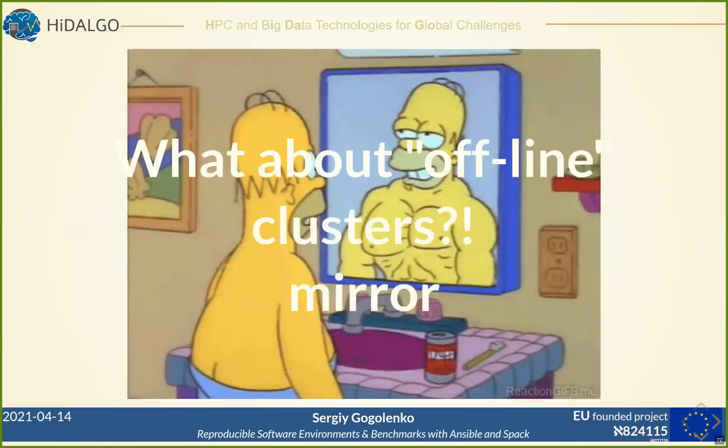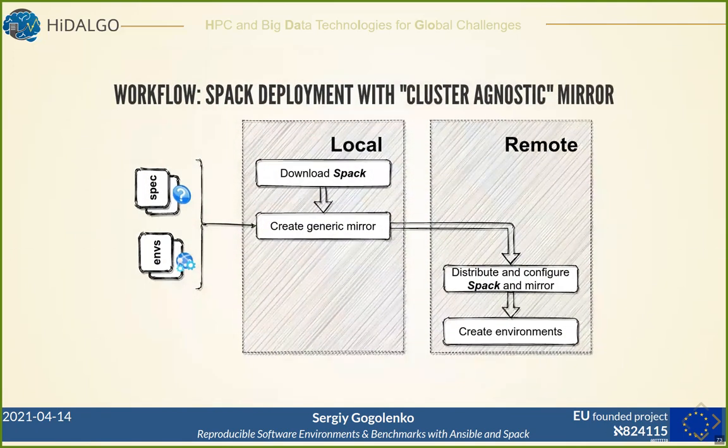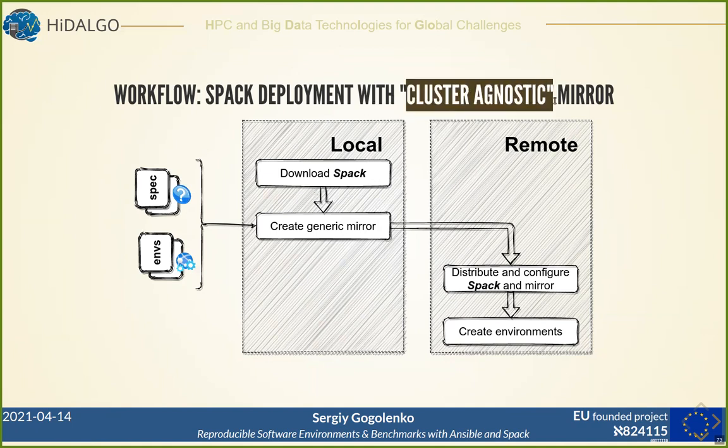If we want to use it on offline clusters, we need to take care of making offline mirrors. And that's the next thing which we have to do. In order to create offline mirrors, we can use two workflows. The first one is a simple one, which is cluster agnostic.